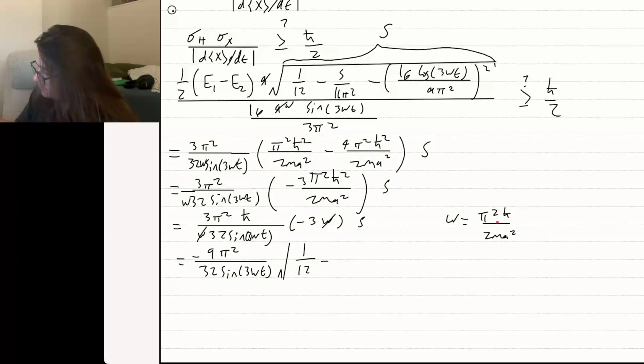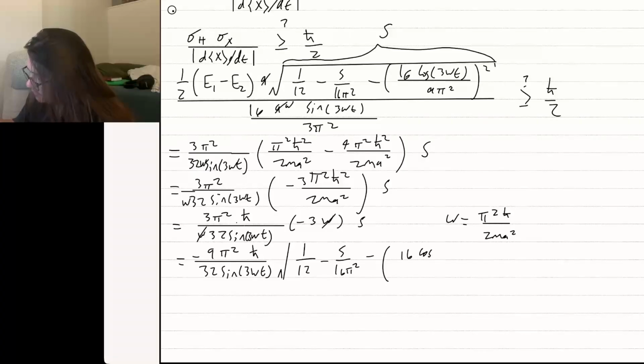Since omega only includes 1 h bar, there's still 1 left over when we factor it out. h bar minus 5 over 16 pi squared minus (16 cosine 3 omega t over 9 pi squared) squared.